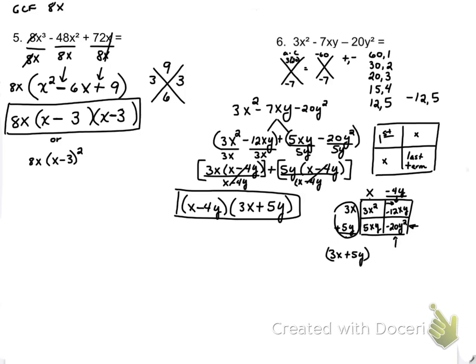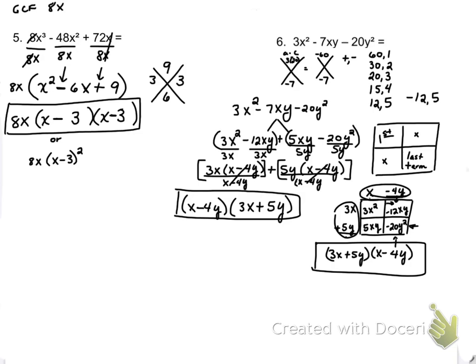And the other factor is your x minus 4y. Okay? And that's exactly what we came up with using the grouping method. So you can use grouping or box, either one, it doesn't matter, to solve your problem. Okay?